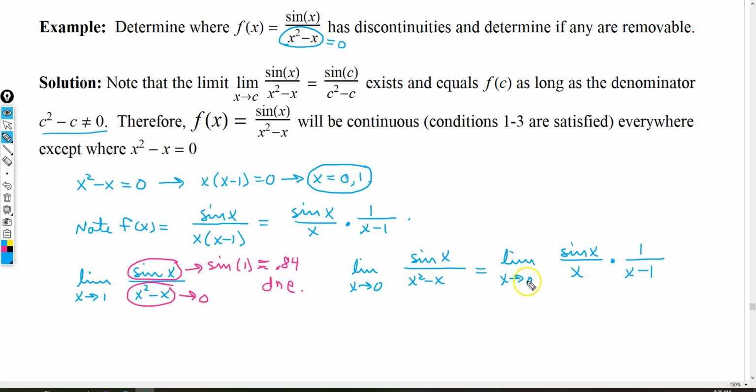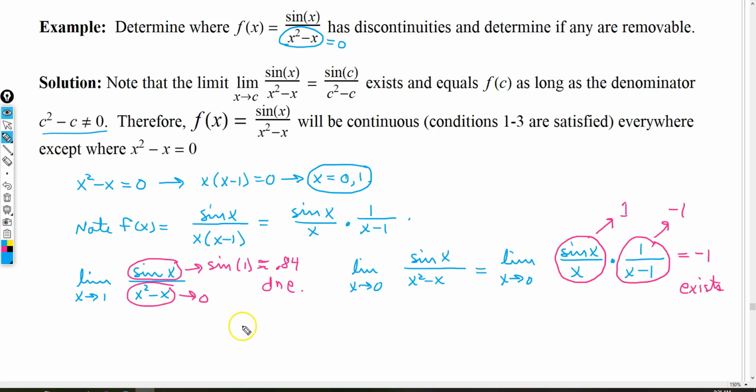Now you'll notice that as x approaches 0, the first term is our friendly trigonometric limit, and this will approach 1. And this quantity, I have no problem putting 0 in here for x. It is approaching -1, and so this entire limit is -1, which exists. So therefore x equals 0 is actually a removable discontinuity. So let's just take note of that.